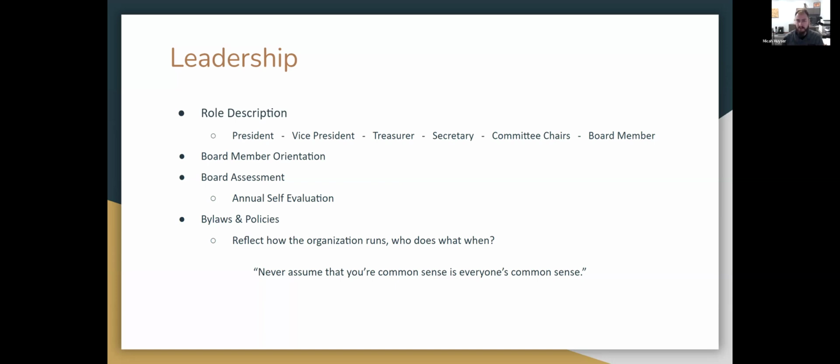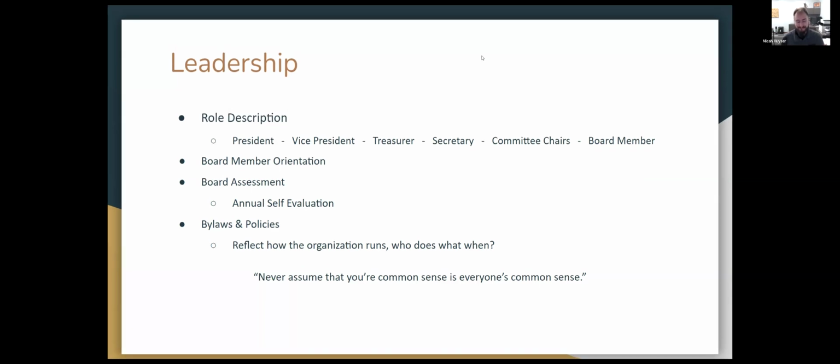And this applies not only to new members, but to a board member that's been on there for 20 years. Sometimes it's nice to go back through everything. And board assessment, this is another part that's kind of tricky, because it's not really like a job description, but it also kind of is like a job description. You want to make sure that the board is acting in the best interest of the organization and that they're going to see it succeed all the way through.